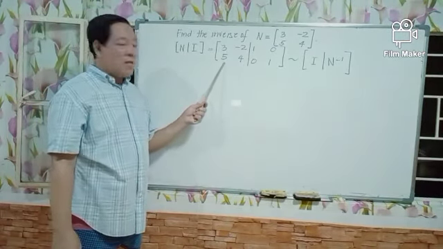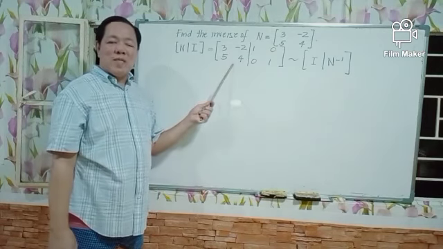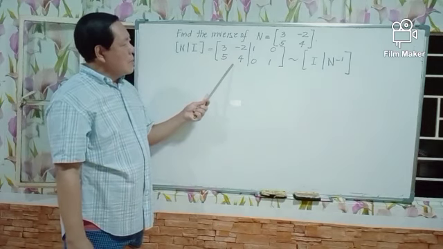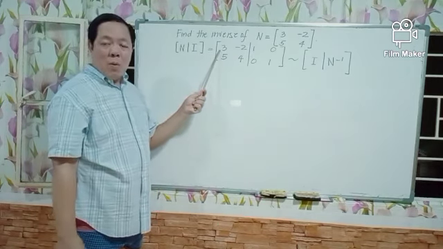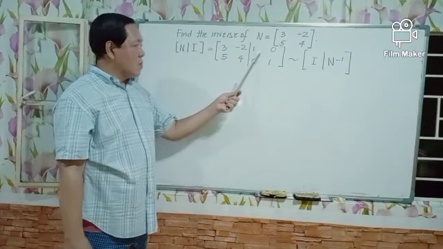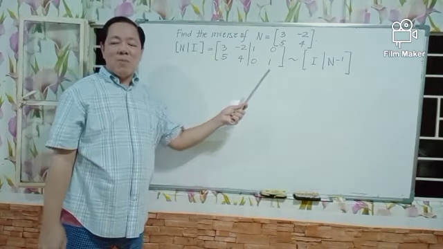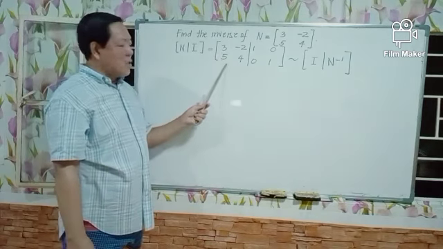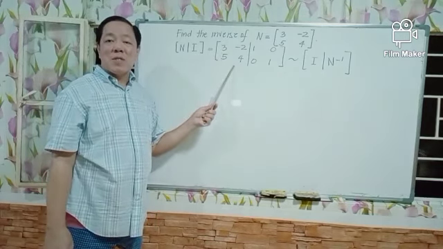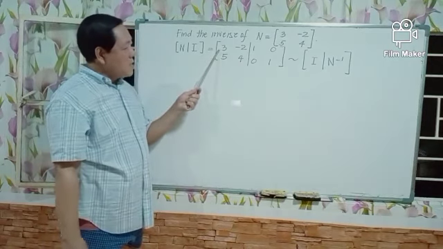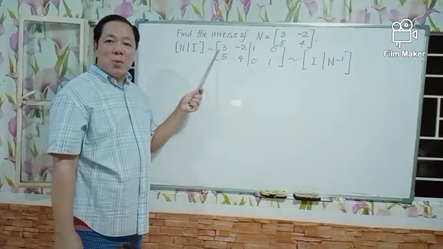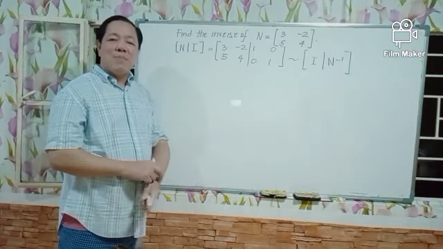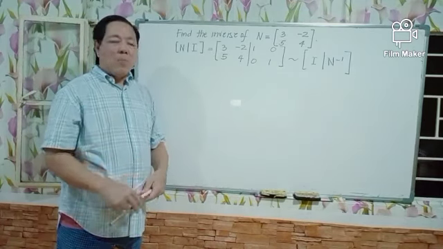We make this the matrix N, and we transform this into an identity matrix. But whatever we do in a row of matrix N, we do also to the same row of the identity matrix I. And if we want to transform this into identity matrix of size 2 by 2, this entry 3 must be changed to 1. And to change 3 to 1, we make use of the second elementary row operation.